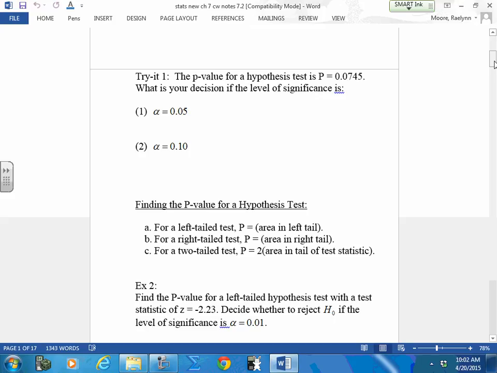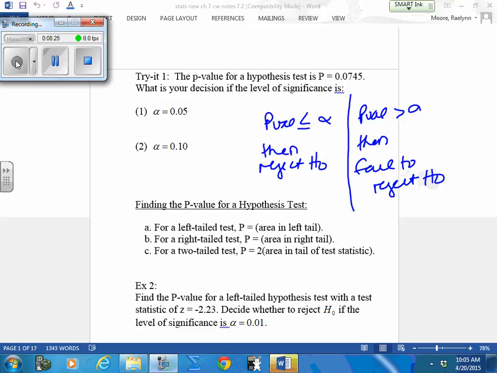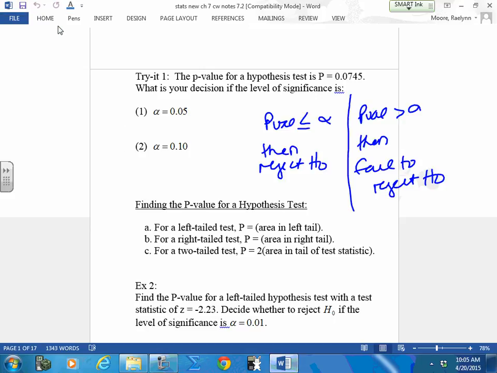Then let's go together and let's test. Look at what we have. Write it in this order: p-val, level of significance. Your p-val that they gave you was 0.0745. Your level of significance is 0.05.